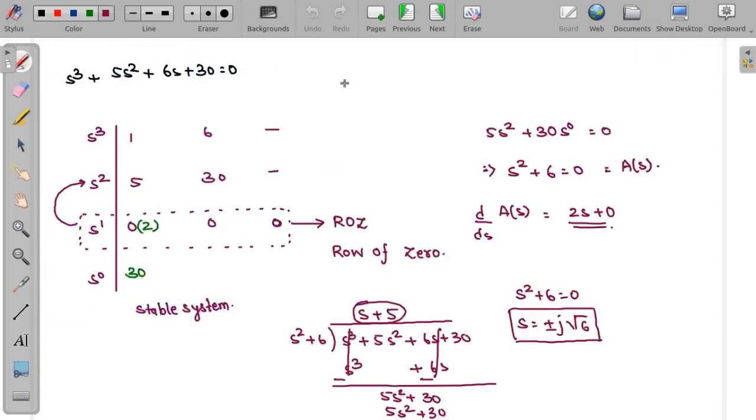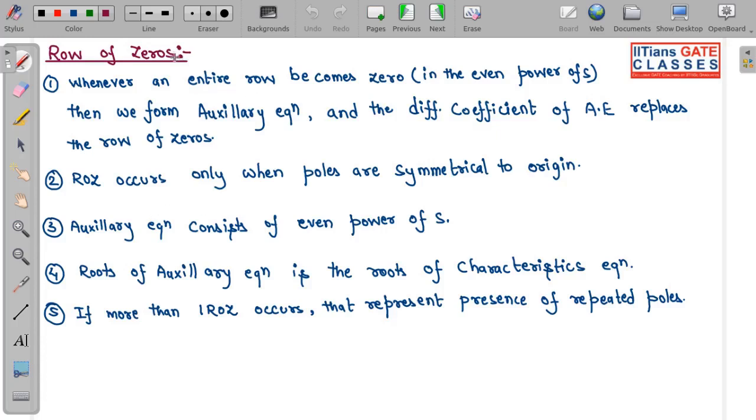You can note in the last question also, row of 0 occurs in the odd power of s. Auxiliary equation always has what? Even power of s. Okay. So whenever an entire row becomes 0 in the odd power of s, then we form the auxiliary equation, and the differential coefficient of the auxiliary equation replaces the row of 0.